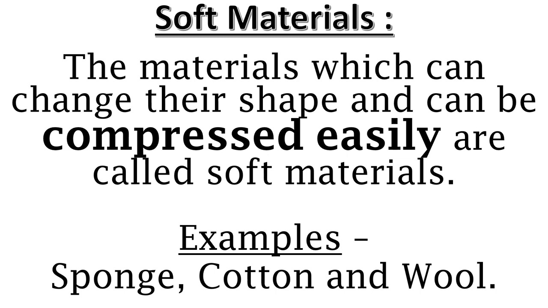Soft materials. The materials which can change their shape and can be compressed easily are called soft materials. Examples: sponge, cotton, and wool.